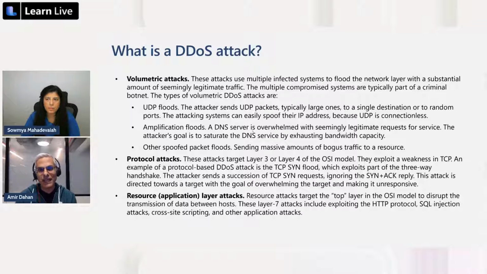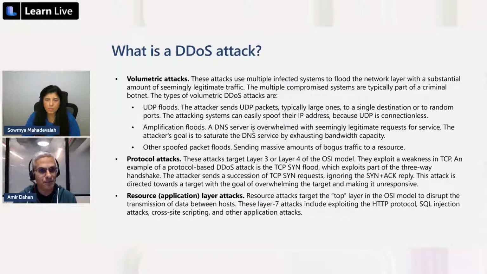If the attacker sends many TCP SYN requests from spoofed IP addresses, for example, it will create a lot of half-open TCP connections on the attacked application, and at the end of the day, the memory resources will deplete, and the server will not be able to accommodate real TCP SYN requests from legitimate users. So these are protocol attacks, the second group of DDoS attacks.